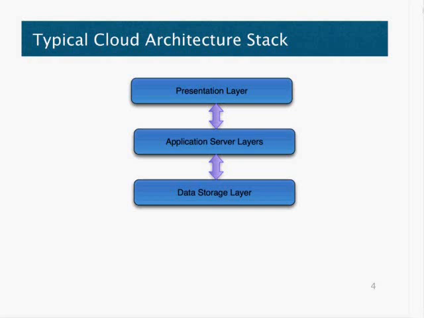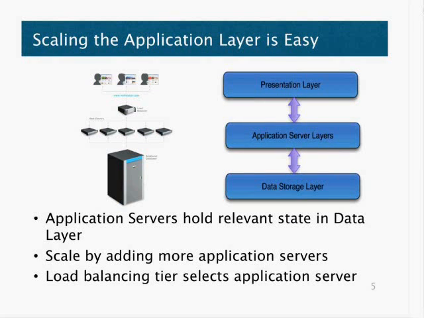Now, scaling the application layer is a very well-solved problem. For example, scaling across web servers is something that is done very, very commonly. It means typically there is a load balancer in front of a tier of identical and identically configured application servers. An incoming request from your browsers or from the presentation layer is routed to one of the application servers, and all application servers are identical.